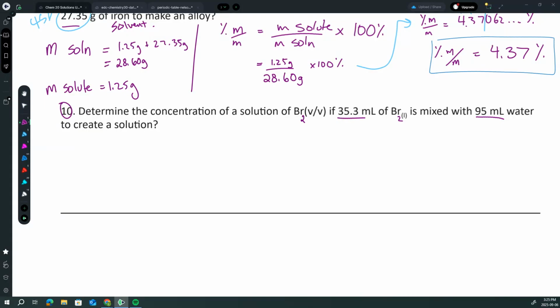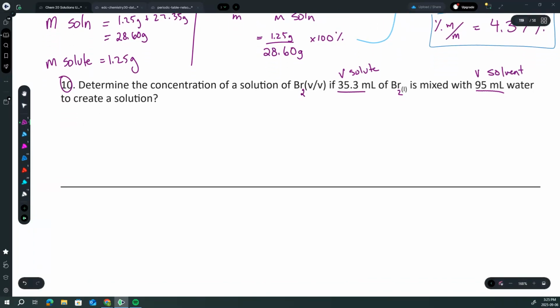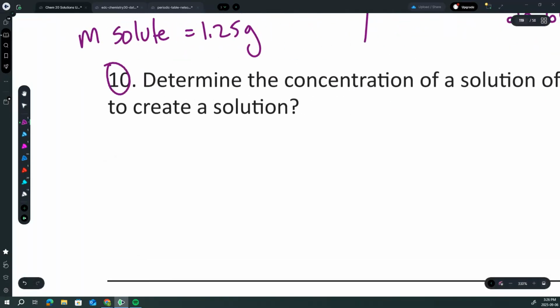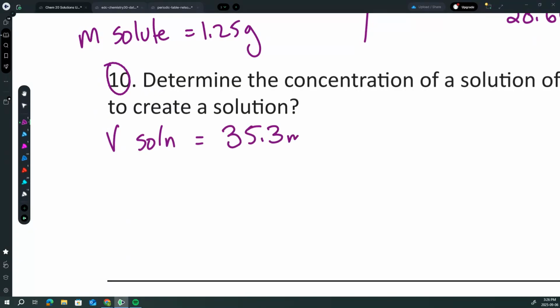This is our volume of our solute because we have less of it. This is our volume of our solvent. For our volume of our solution, we're just going to add those two together. So 35.3 milliliters plus 95 milliliters gives us 130.3 milliliters.